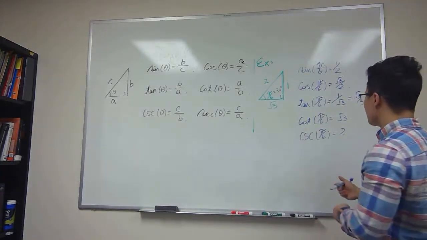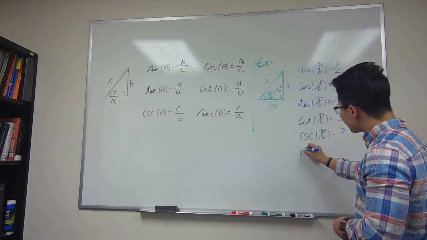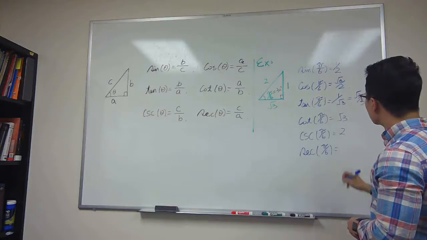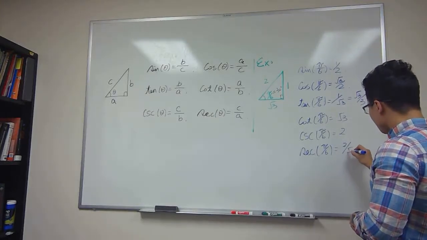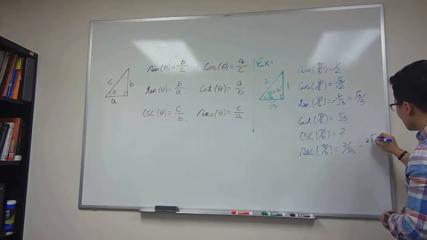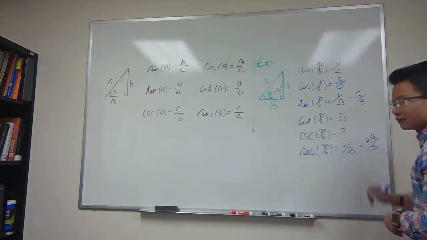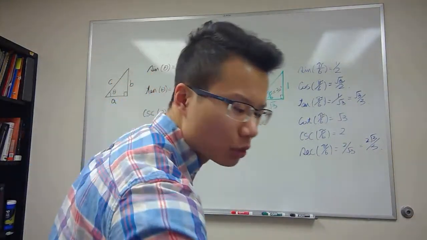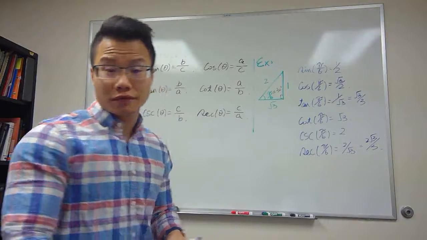The last one is secant of pi over 6, which equals 2 over root 3. If you don't like this writing, you can write it as 2 root 3 over 3. That is a very nice example to show you how those 6 trig functions work.